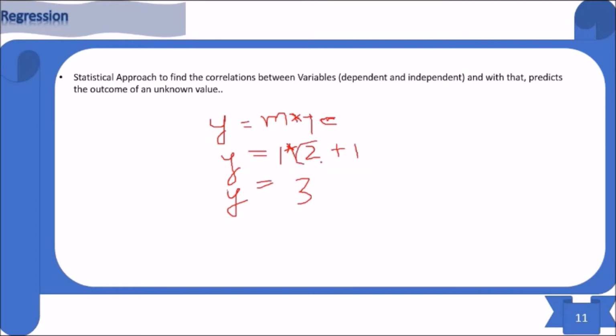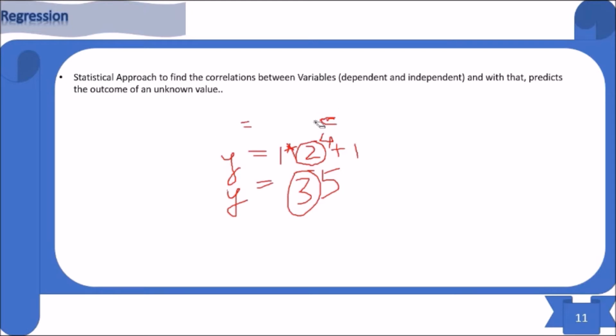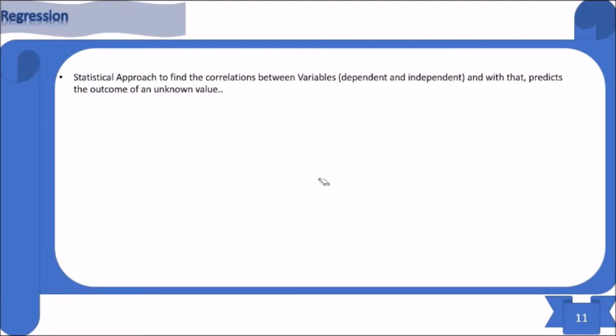Now if we change this value of x to 4, 1 into 4 plus 1 gives 5. So here you can observe, if we change the value of x, the y also changes. So that means y depends on x, but x is independent. That is why x is called the independent variable and y is called the dependent variable in this case.